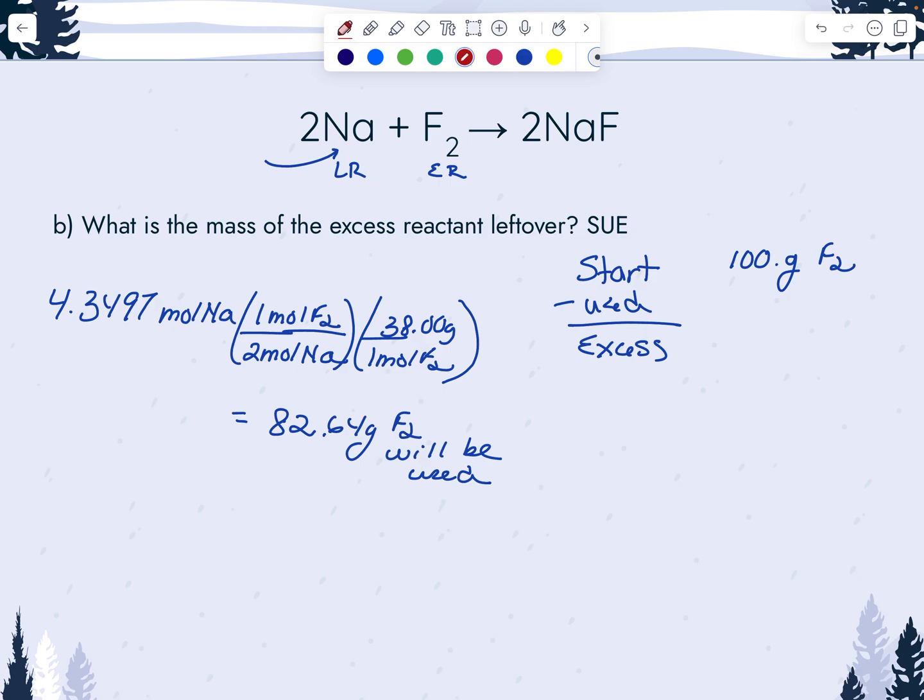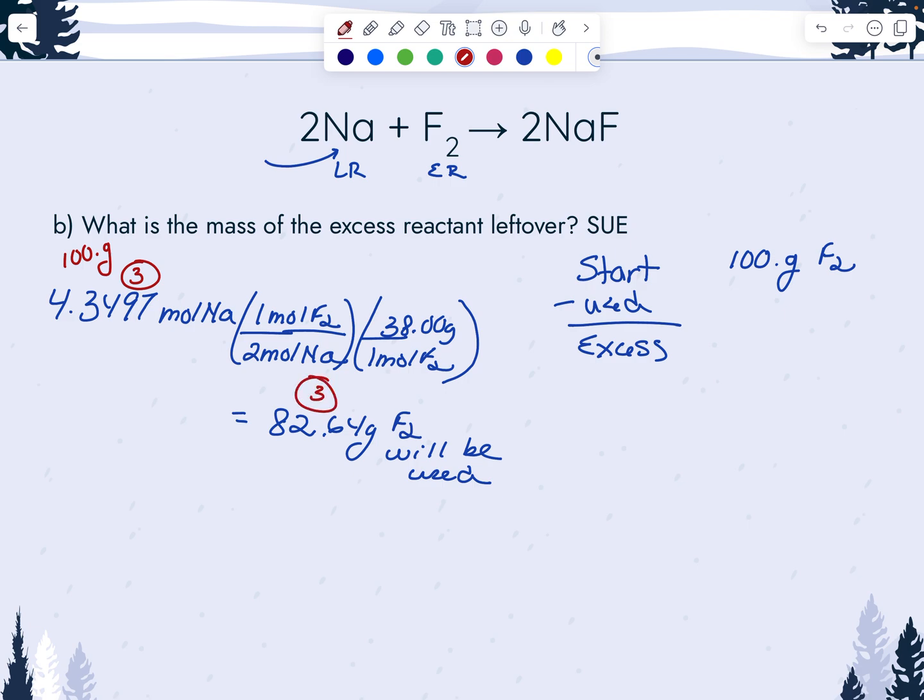Okay, before we move on, let's think about significant figures and decimal places because we're going to do a subtraction problem in a second. I know that I got this number from converting 100 decimal point grams of sodium. So this number would carry with it 3 significant figures, all multiplication and division.